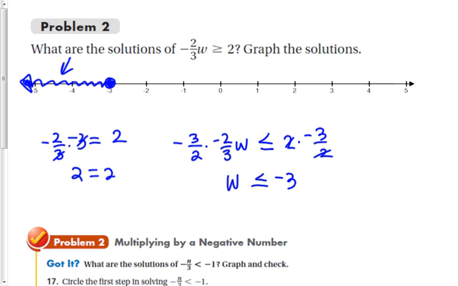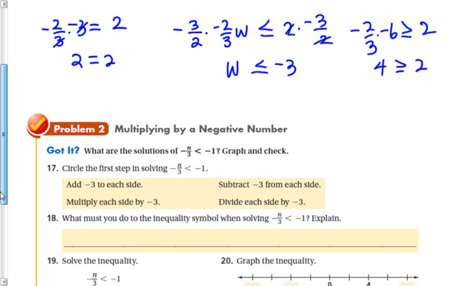So I'm going to do negative 2/3 times negative 6. Make sure that's greater than or equal to 2. A negative times a negative is positive. And 2/3 of 6 is 4 because 1/3 of 6 is 2. And 4 is greater than or equal to 2, so that checks. All right, you try that.